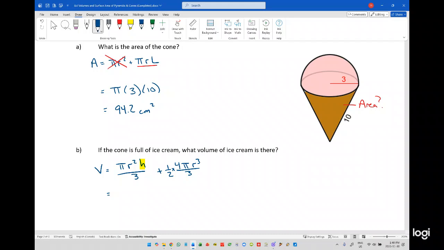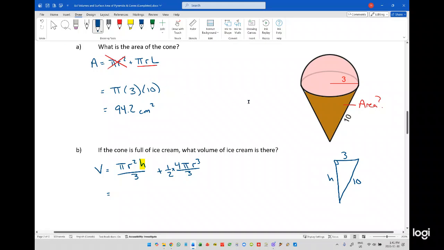So what I'm going to do is go back over to my diagram and just try and draw a cross section of the cone, or at least half of the cone, because I know the cone has a radius of 3 and I know it has a slant height of 10. So it's going to have an actual height over here of h.